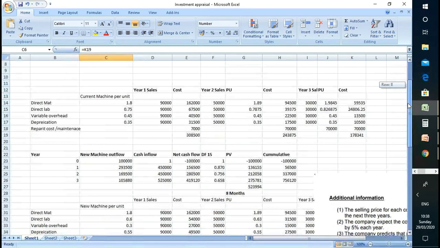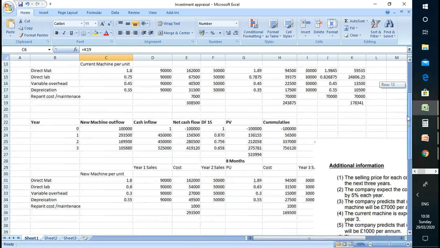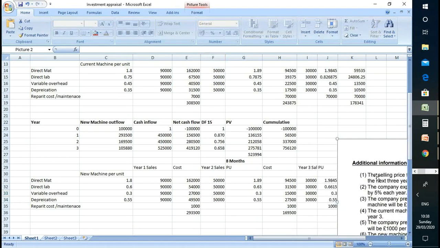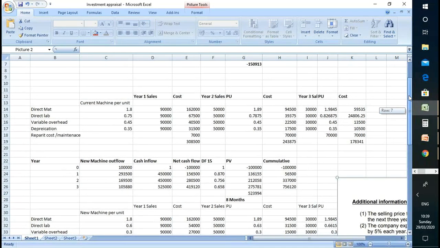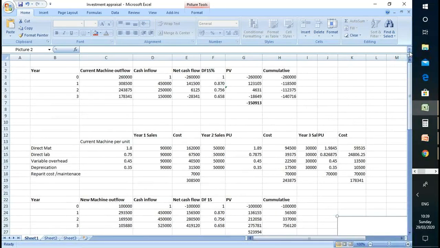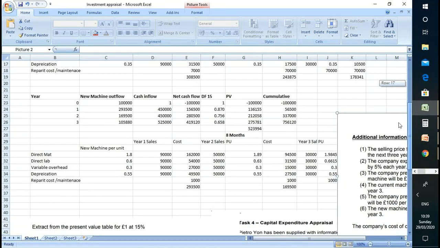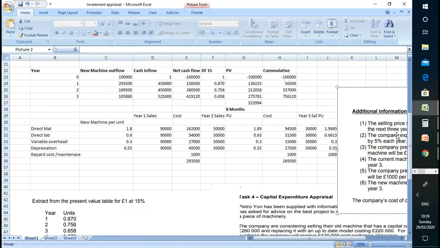Okay, so yes, that's we multiply with the right figure, because initially I only multiplied the sales wrong. Any question there? No. Okay. So we have an NPV that is negative. And we'll go through the second product, second machine.